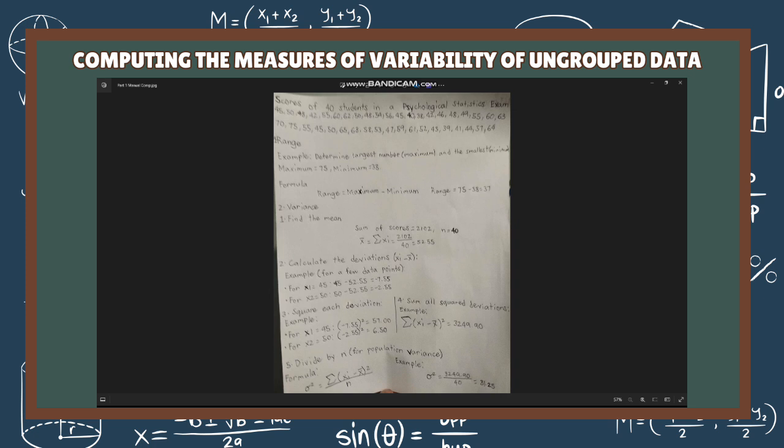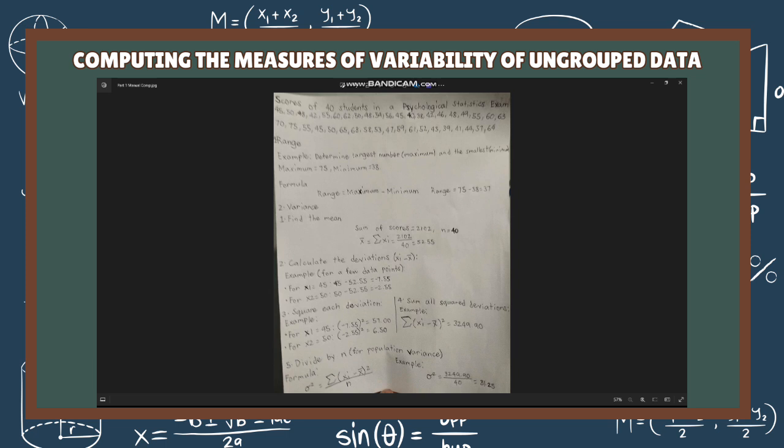Step 2, calculate the deviation. Subtract the mean from each data point. These values can be positive or negative, depending on whether the score is above or below the mean. Example for a few data points, as you can see in the image.